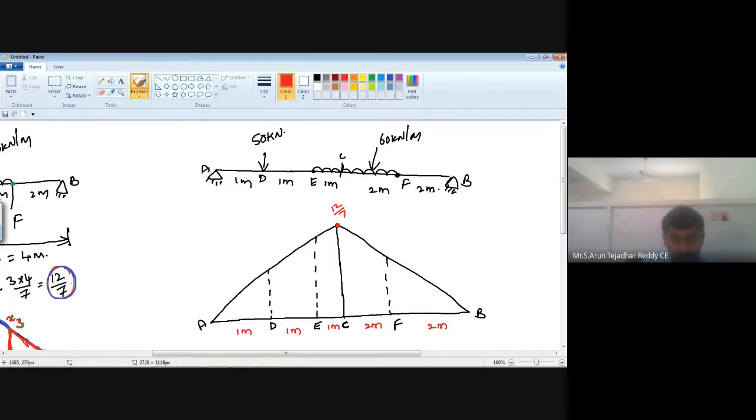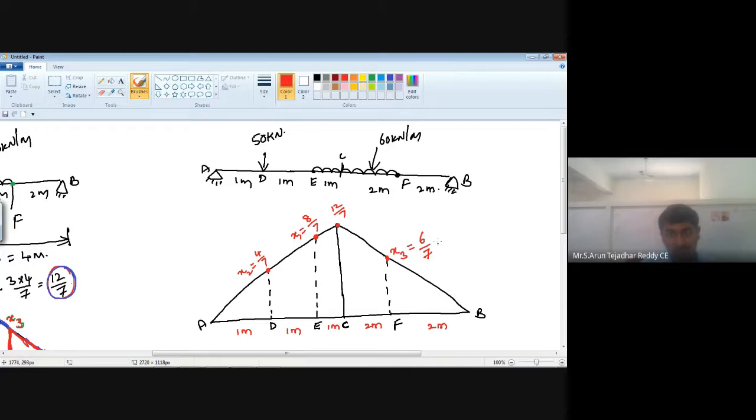Now in this point we got x1 value, in this point we got x2 value, in this point we got x3 value. Okay, where x1 we got 8 by 7, where x2 we got 4 by 7, where x3 we got 6 by 7.